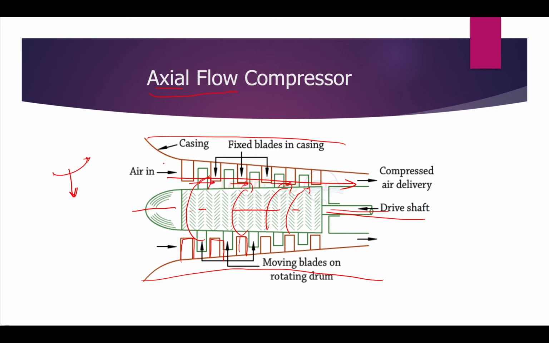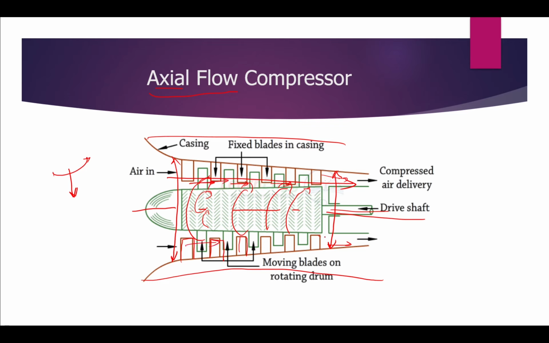If you observe this, the area here is this much, whereas at the delivery the area has reduced drastically. Due to this, it forces the air to go through the narrow path, thereby producing the compression effect. Here it is like a fan rotating like this, right? When it is rotating, the air is forced in this direction.